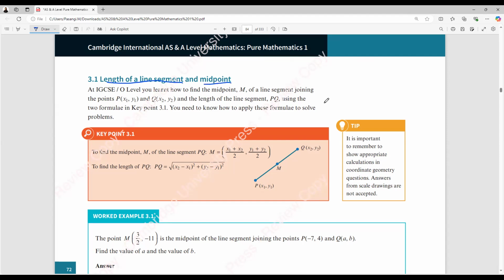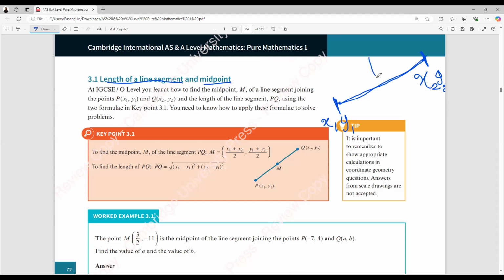How do we do this? Let's assume we have a line like this. We have two end points: x1, y1, the first point, and x2, y2 will be the last point or the end point.